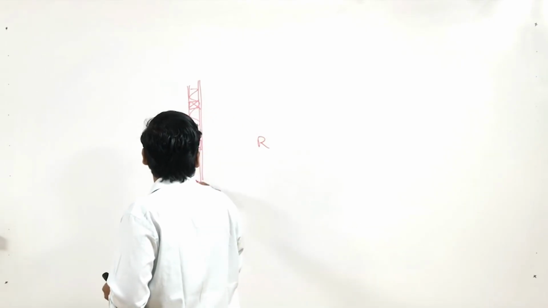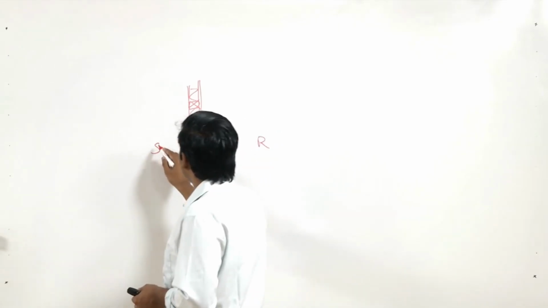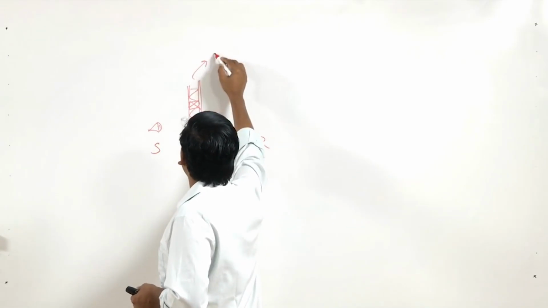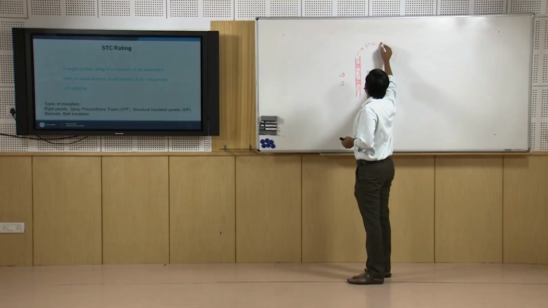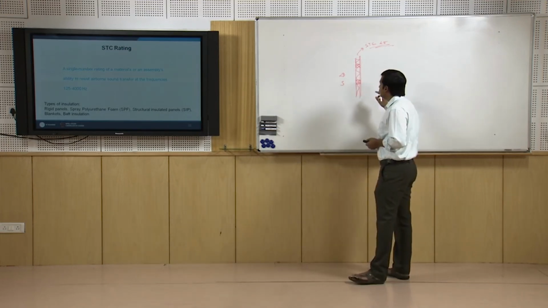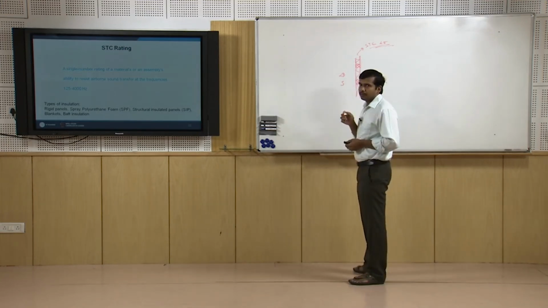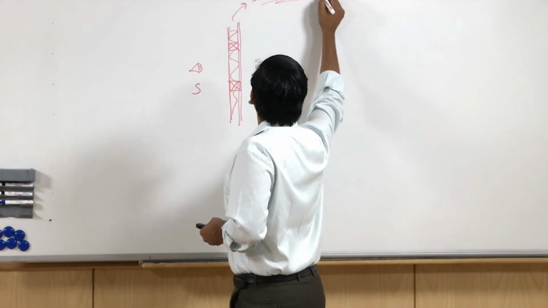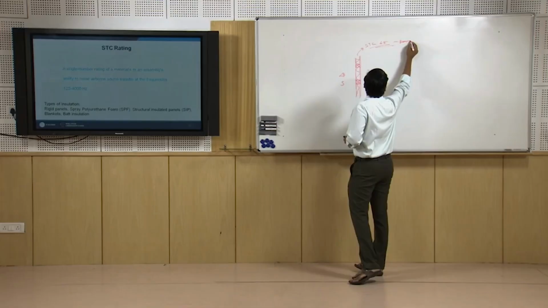A simple partition is available. Now from source room to receiver room, this partition can have an STC of for example 45. A good STC value is available. Moment you insert a window or a door, the STC of a door is different from the STC of the partition.